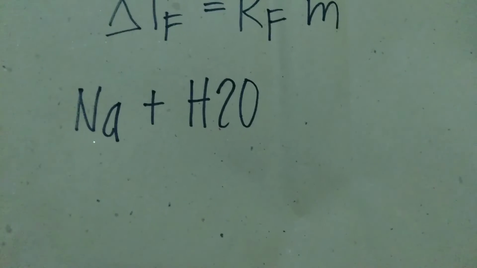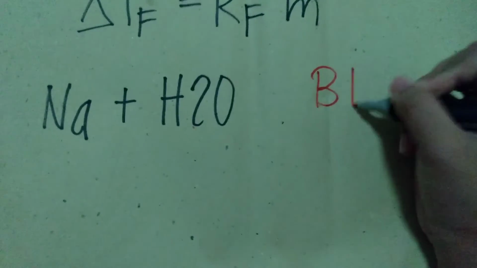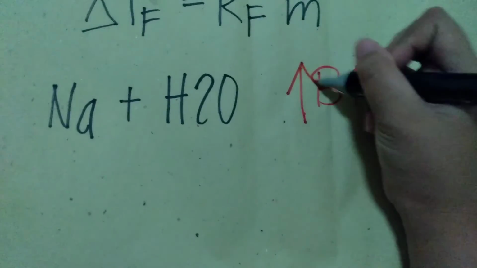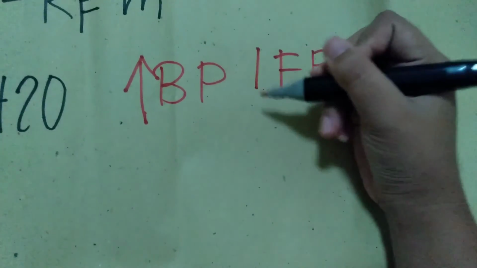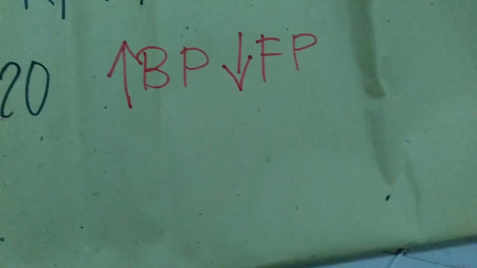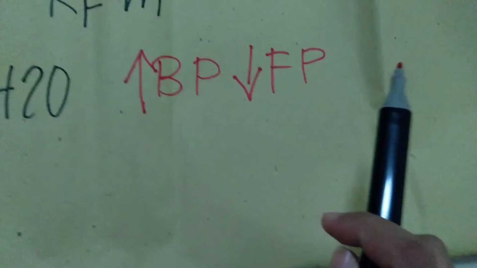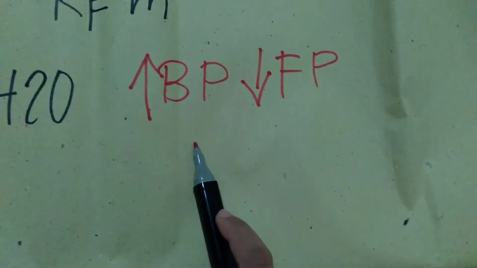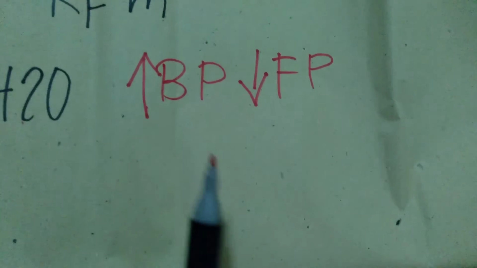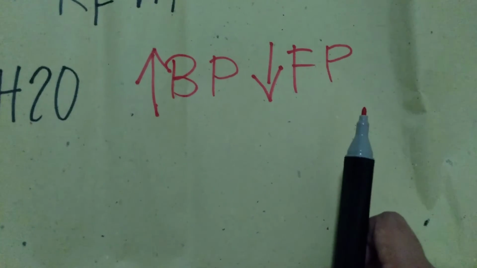As I mentioned earlier, when we add salt to the water, the boiling point increases. But in freezing point depression, it will decrease. Take note that in boiling point, it will go up or increase, and in freezing point, it will go down or decrease.